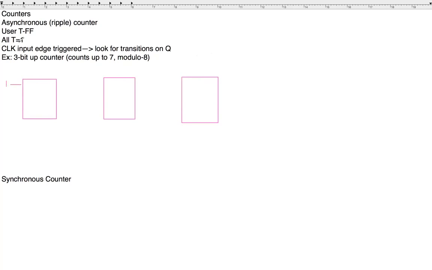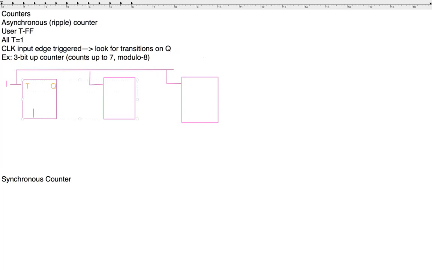That's where T equals 1. And that's also connected right here. T would be 1 there, and T is going to be 1 here. So this is our T input, and our output, of course, is Q.